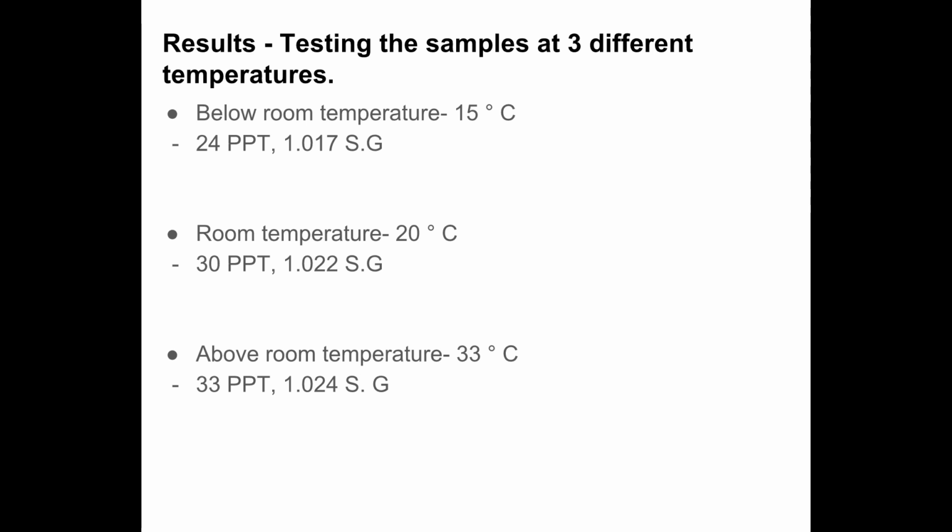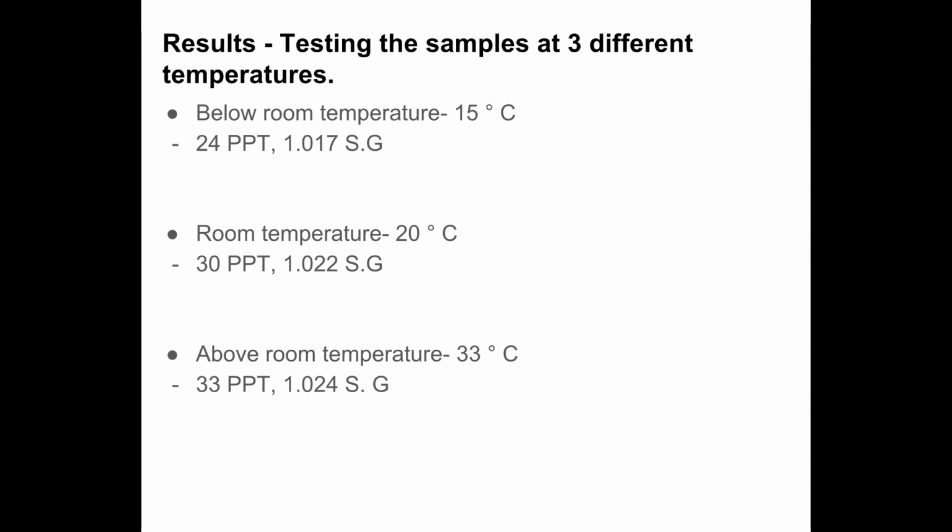Now, when we tested the samples at 3 different temperatures, we used a temperature measuring device, a thermometer, and we put it into the sample as it was changing temperature. So at room temperature, it read 30 parts per thousand and 1.022 specific gravity.